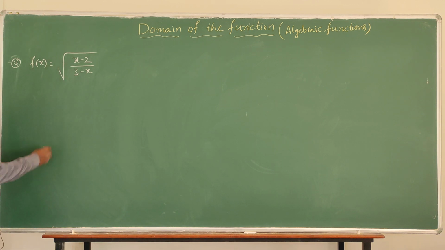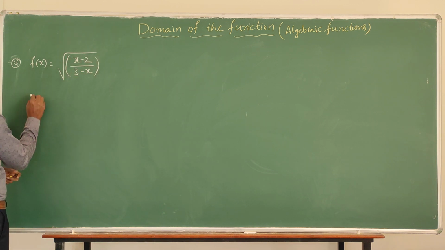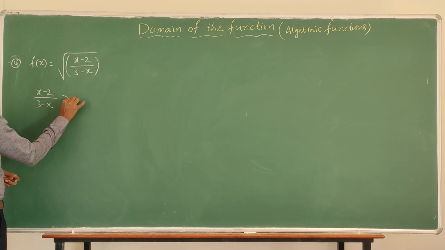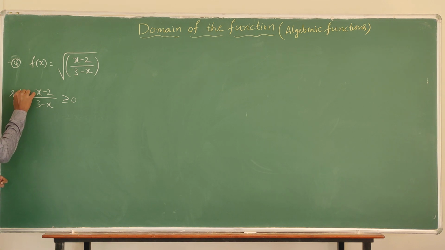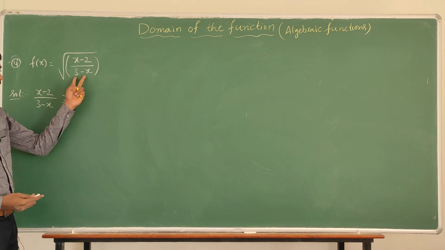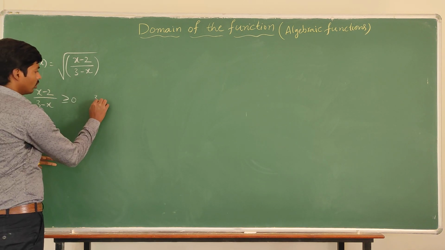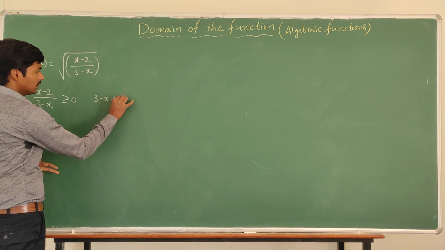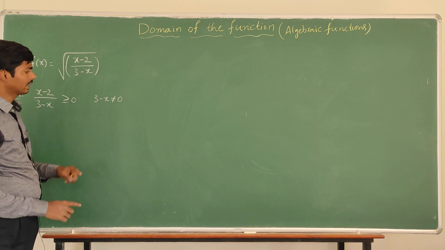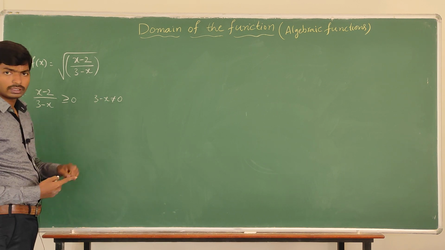So the whole value of x minus 2 by 3 minus x is greater than or equal to 0, that means positive or equal to 0, and the denominator is 3 minus x. So my denominator can never be 0. My 3 minus x is not equal to 0.